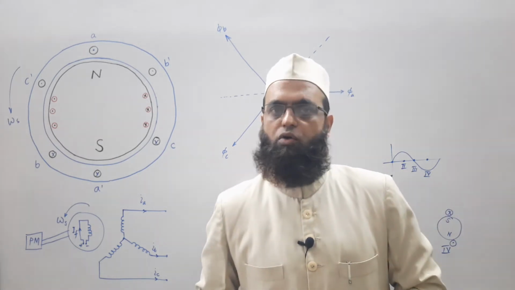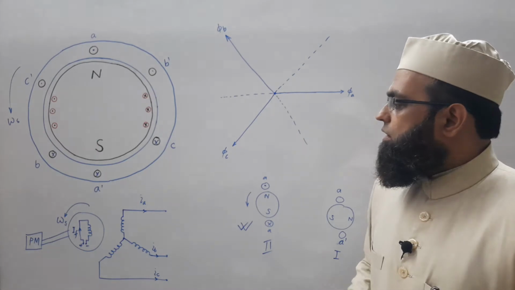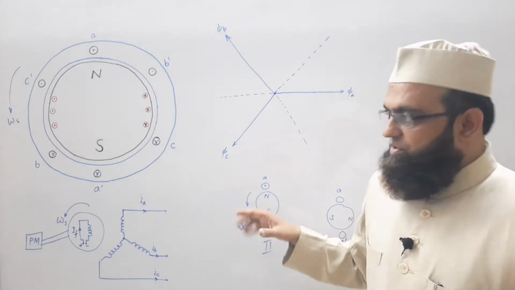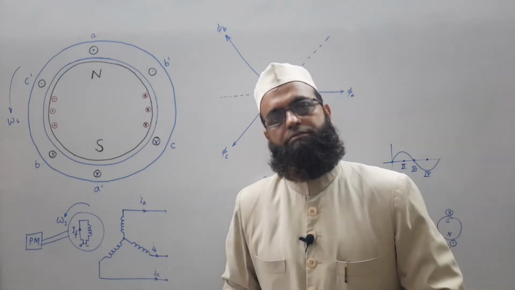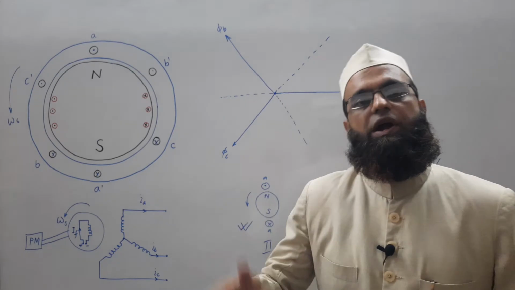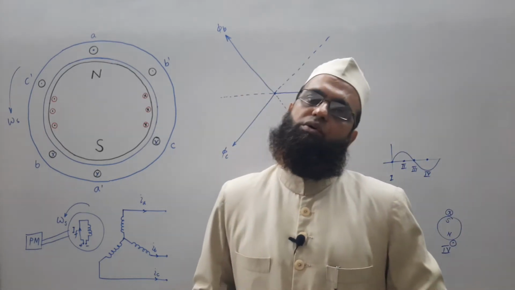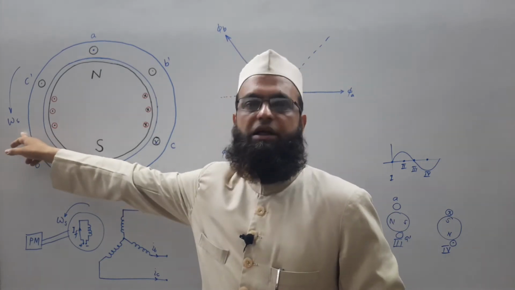We know it very well how a rotating magnetic field is produced, that is a separate topic. Then we have two fields in the air gap. One field is the rotor field, rotating at the speed of the rotor, that is synchronous speed, in any direction. For time being we have considered anti-clockwise direction.